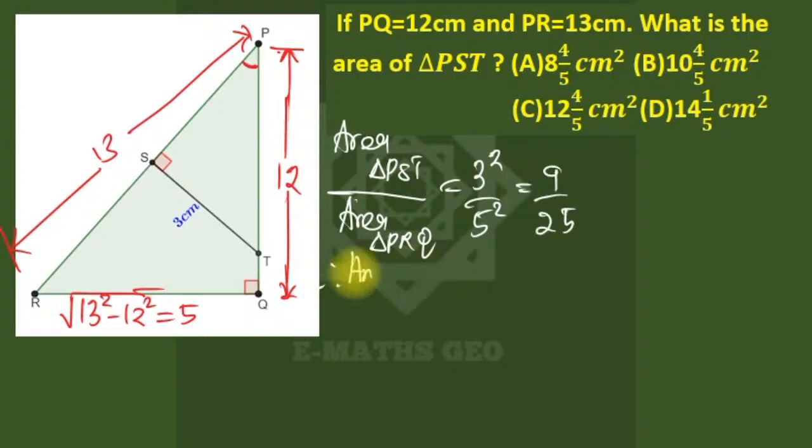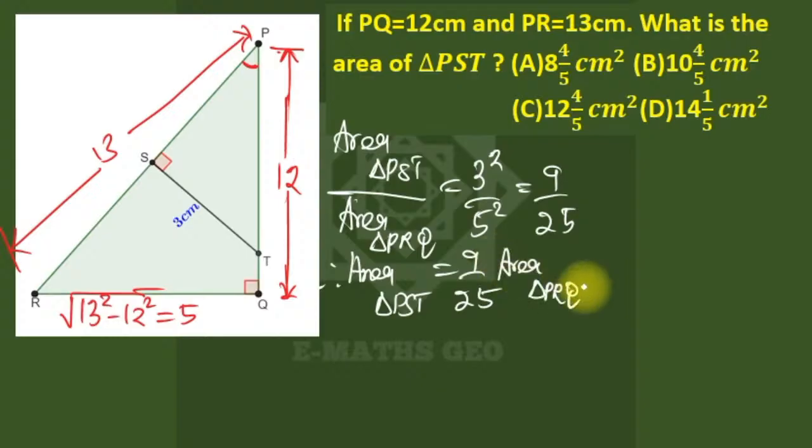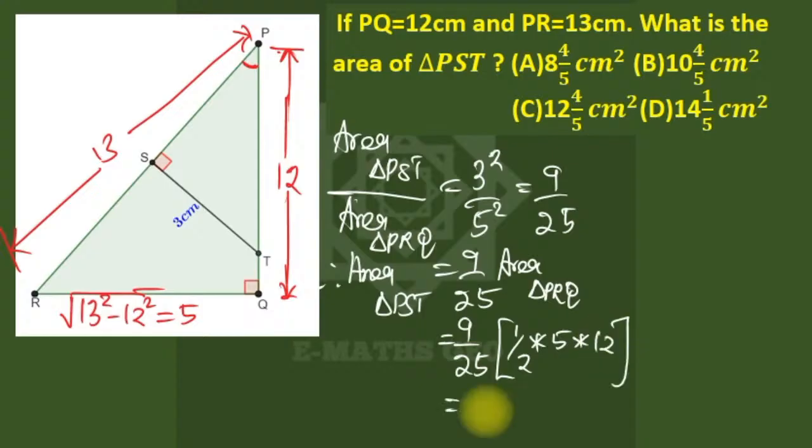Therefore, the area we are looking for, triangle PST, is 9 over 25 of the area of triangle PRQ. And this is 9 over 25 times the area of PRQ, the big triangle, which is half base times height. So the answer is now 54 over 5, that is 10 and 4 over 5 cm squared. So that should be option B.